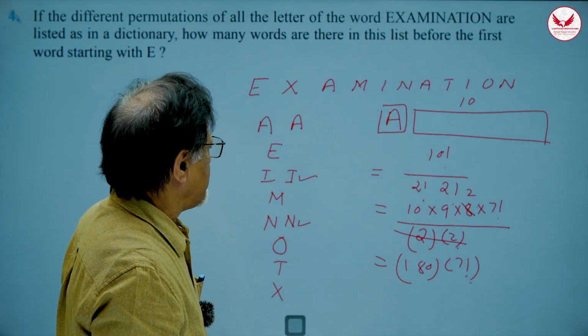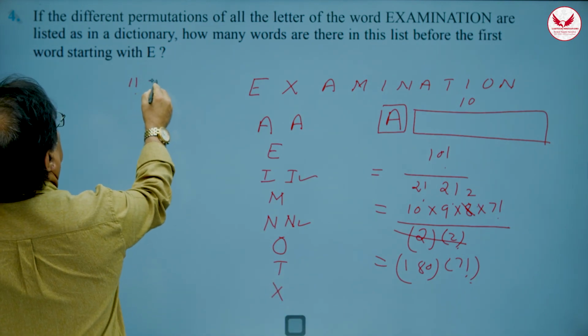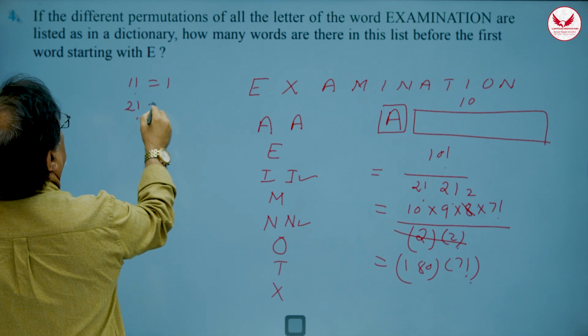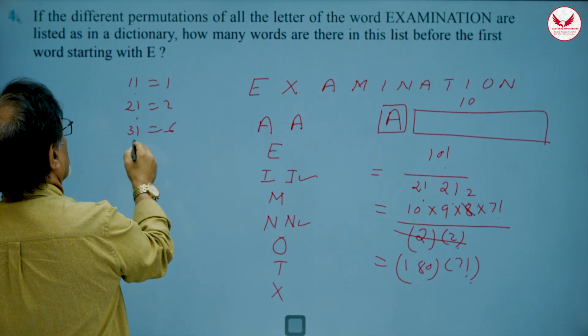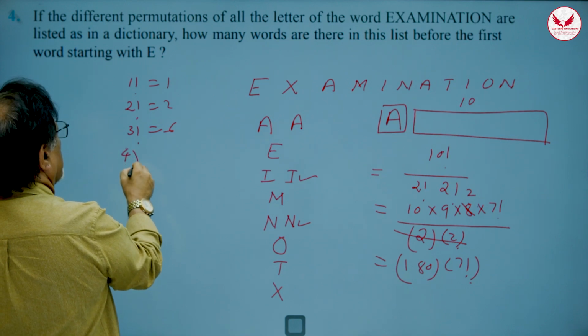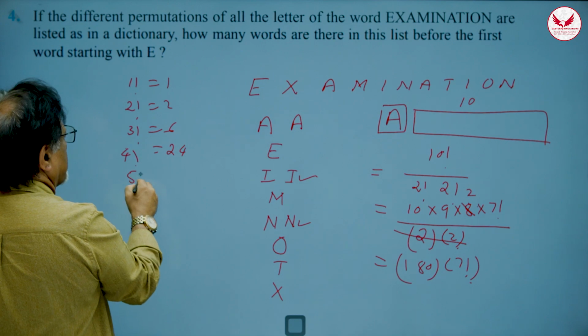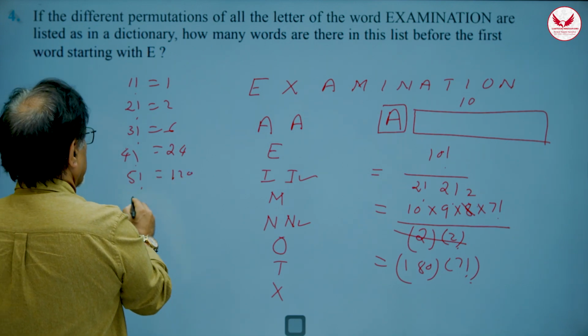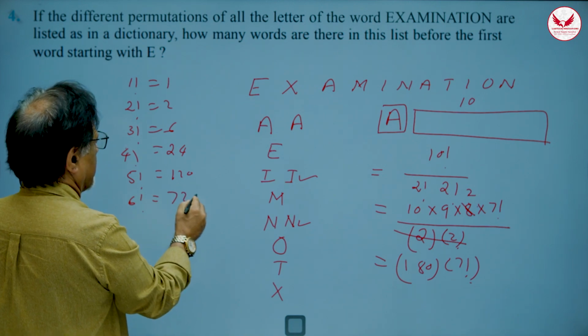Now, let us see what 7 factorial is. Let us start with 1 factorial, which is 1. 2 factorial is 2. 3 factorial is 6. 4 factorial will be 6 multiplied by 4, that is 24. 5 factorial will be 120. Then 6 factorial, you multiply by 6, so it is 720.